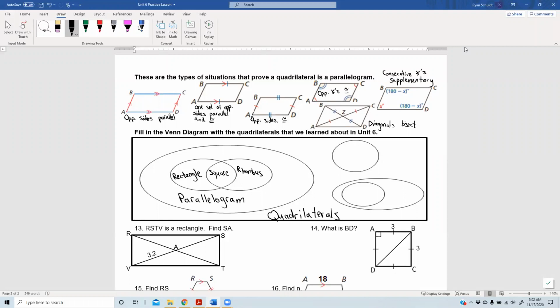Then out here all alone, we have kites. He's all lonesome. And then here we have a trapezoid. And this one has a friend. Well, it's not even a friend, it's a relative. It's an isosceles trapezoid.